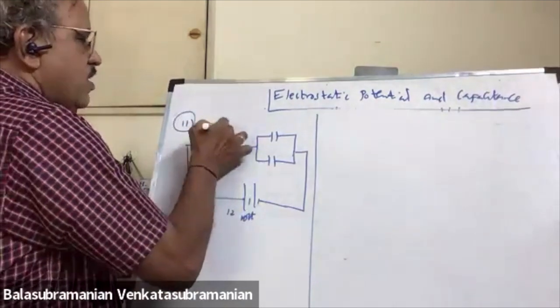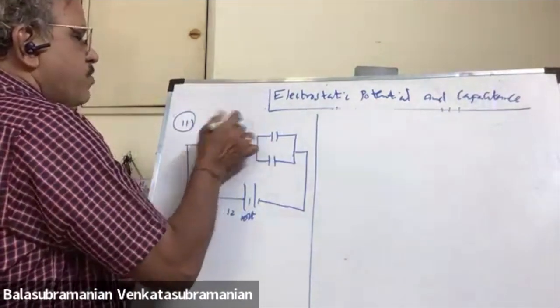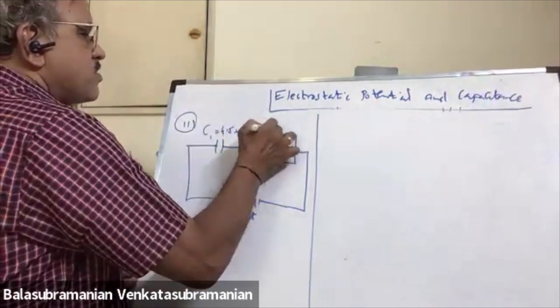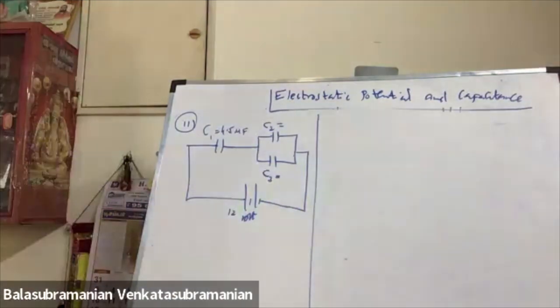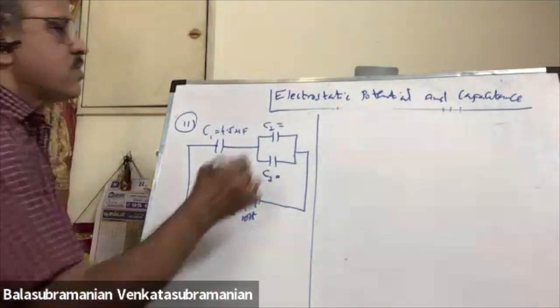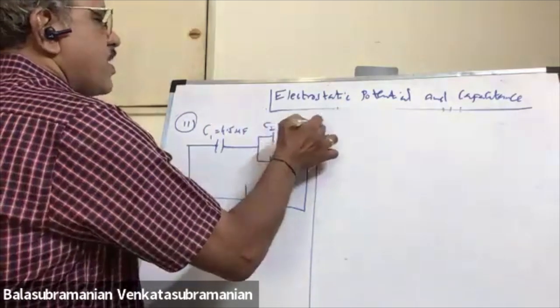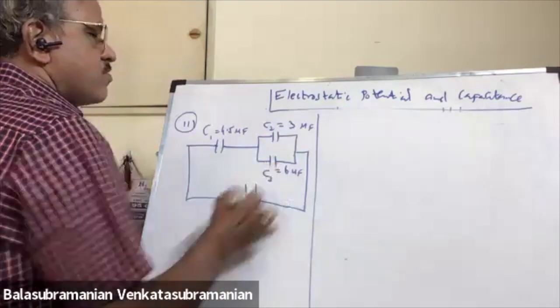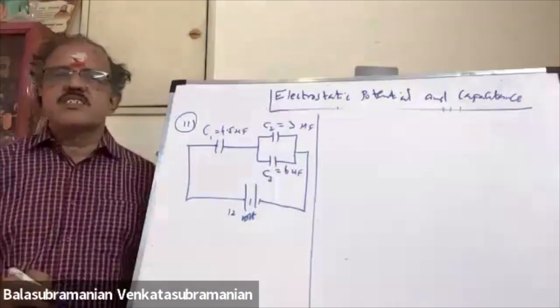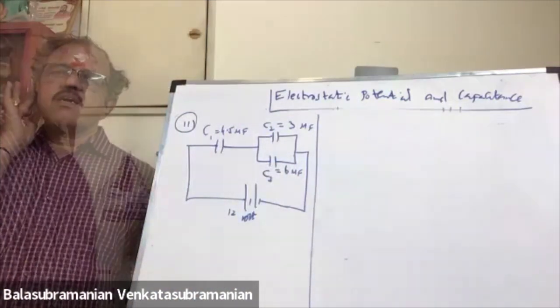This is C1, 4.5 microfarad. This is C2, this is C3. What are the values given? 3 microfarad, 6 microfarad.